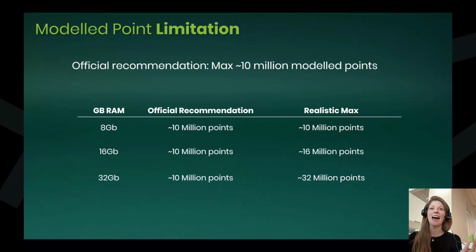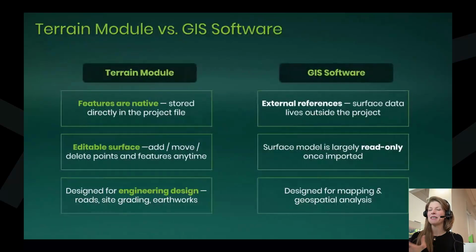A big reason that we have these limitations to how many points you model really comes down to what the terrain model is doing. I thought it might be fun to highlight that versus, say, GIS software. When you import your data into terrain, all of the features, points, data, and information is actually contained directly in the project file. All of the information is also editable.